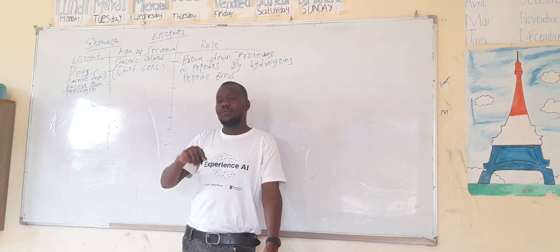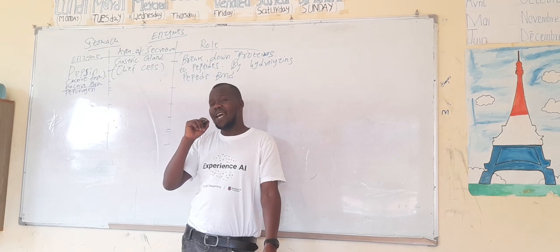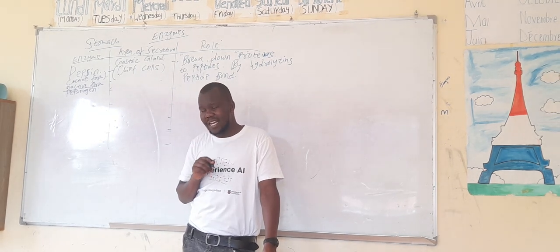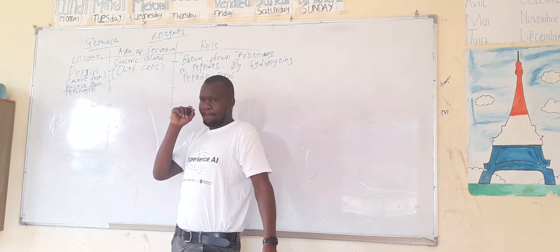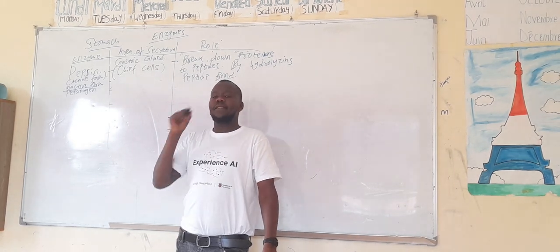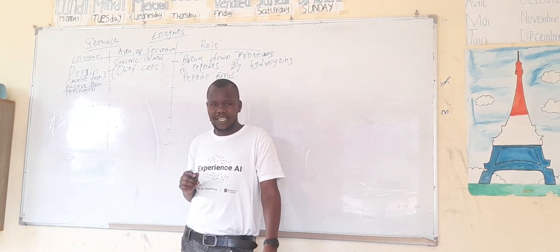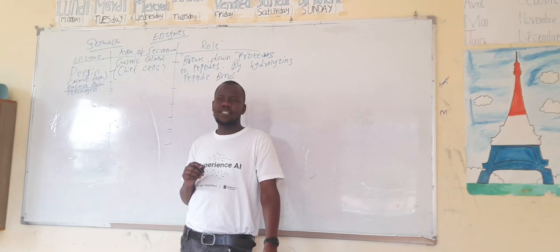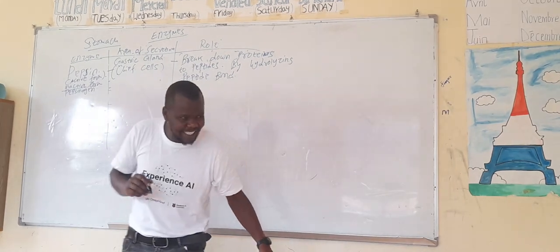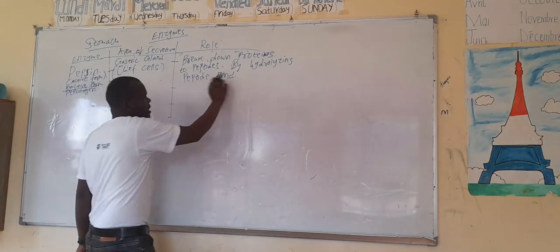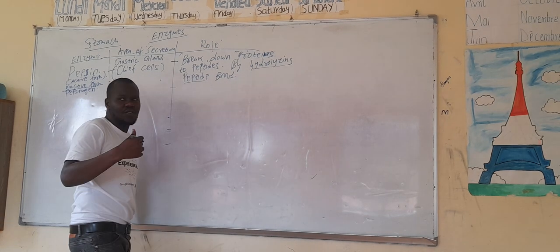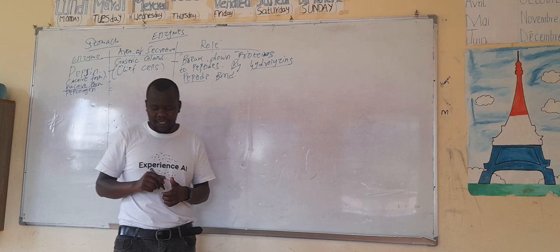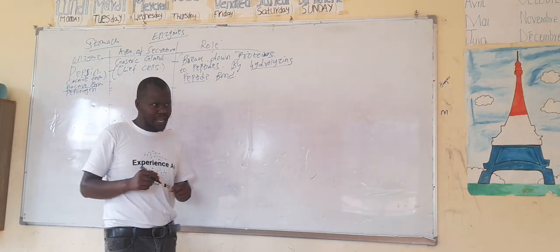Pepsinogen is activated by hydrochloric acid produced in the stomach into pepsin. This pepsin breaks down the proteins in your diet in the stomach to peptides by hydrolyzing the peptide bond, that is, breaking the peptide bond.